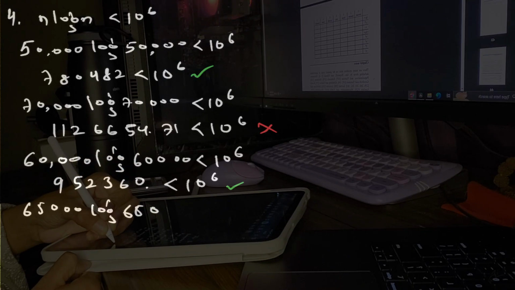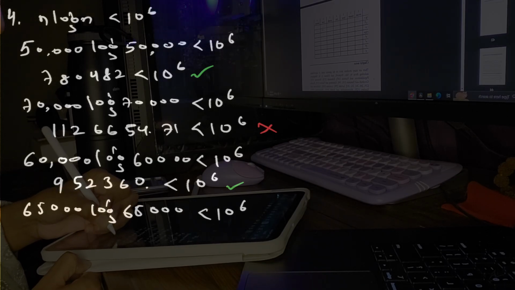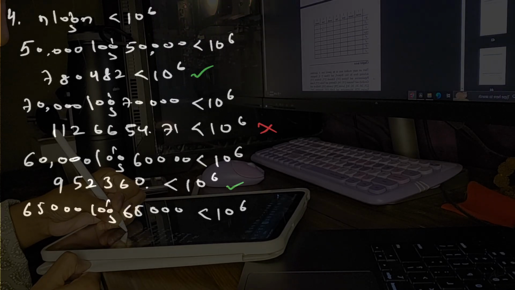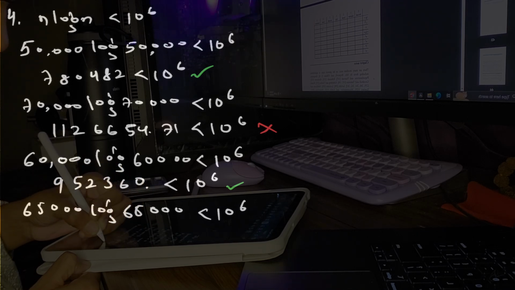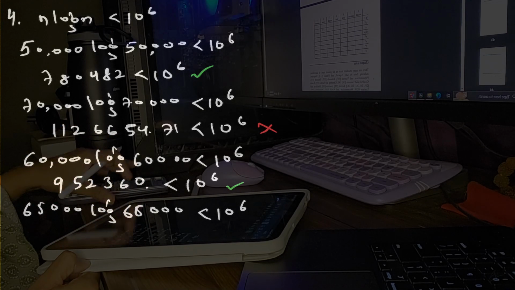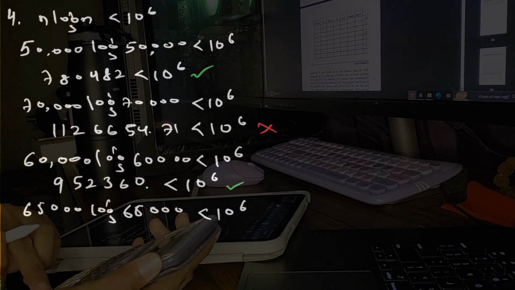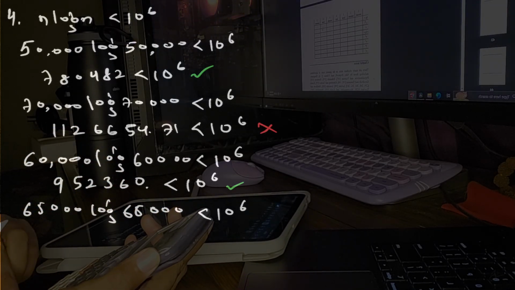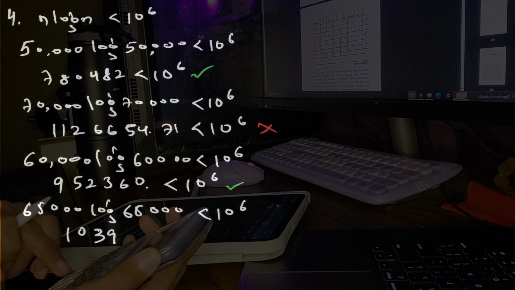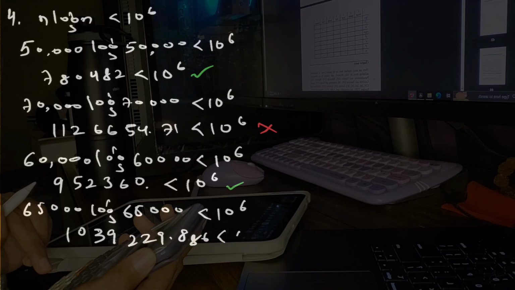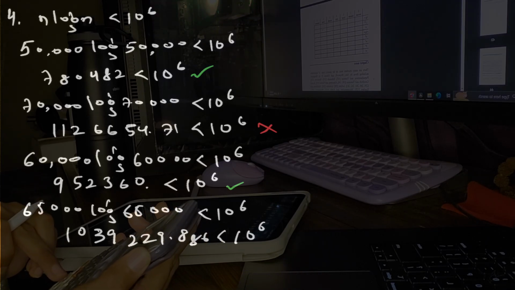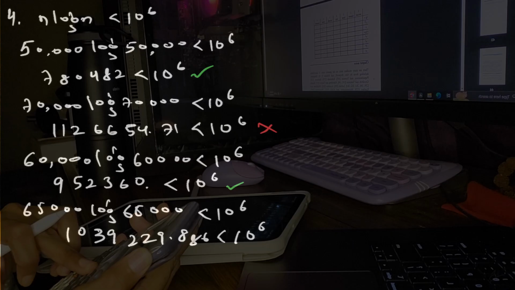Log of 65,000 divided by log 2, multiplied by 65,000, is 1,039,229.886. Is it less than 10 to the power of 6? No, it is not.